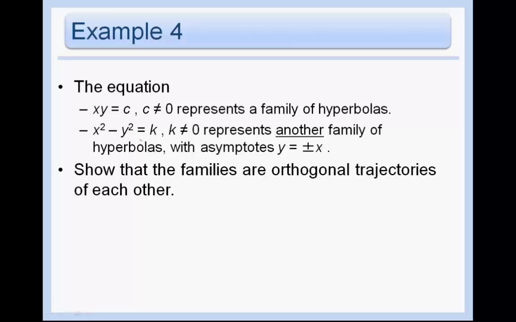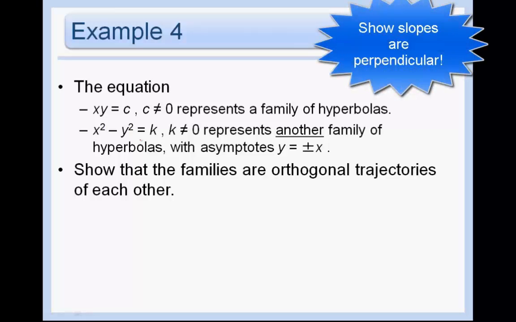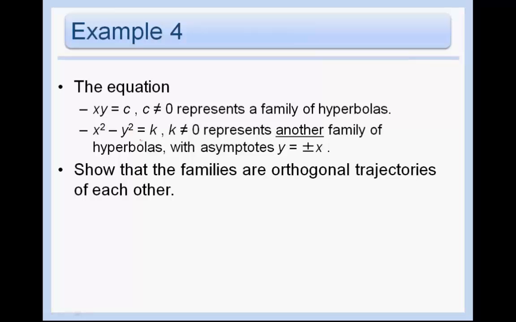So what do we want to show? We want to show that their slopes are negative reciprocals of one another, that they're perpendicular. So slopes, again, are the derivatives, y prime. So let's use implicit differentiation to find y prime of this one.